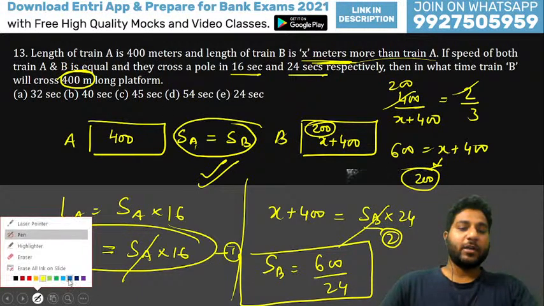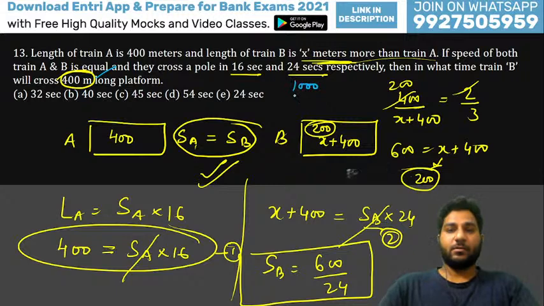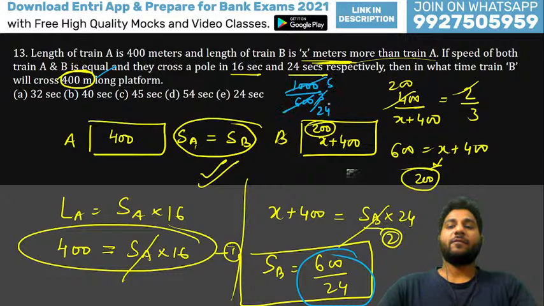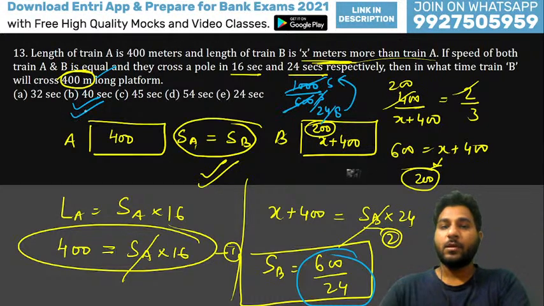So here, length of platform is 400 and length of train B is 600. That makes 1000 meter of total length that will be covered with this speed. So 1000 divided by the speed, 600 divided by 24, look at this, 3538, that means 8 5s are 40. So 40 seconds will be taken to cross a 400 meter platform with train B.